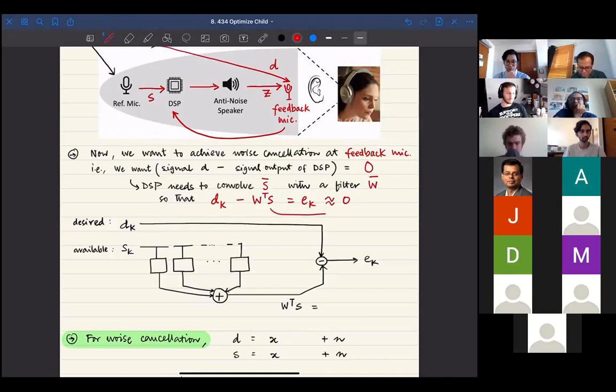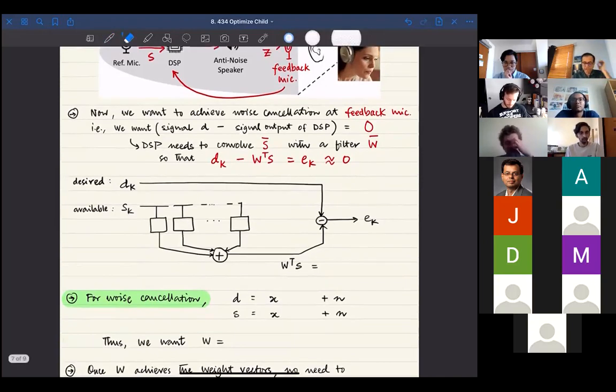What is W^T S? W is a weight vector. Okay? So W^T S is basically a dot product. It's a weighted average of all the signal samples that I'm getting.